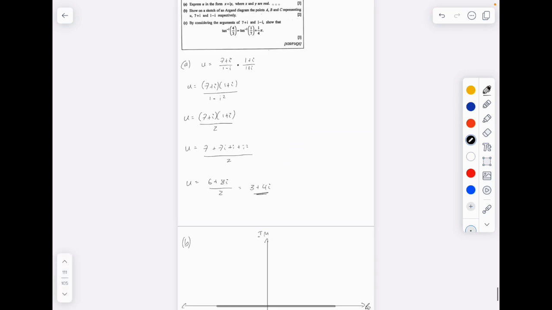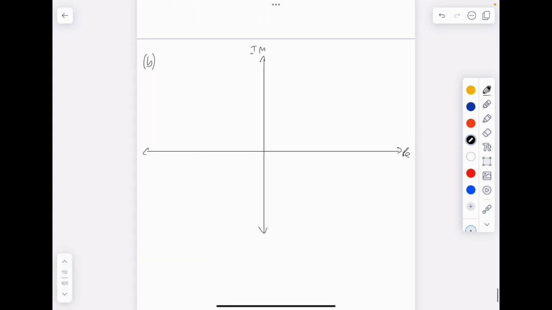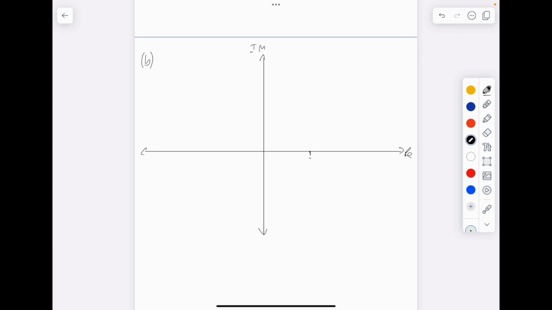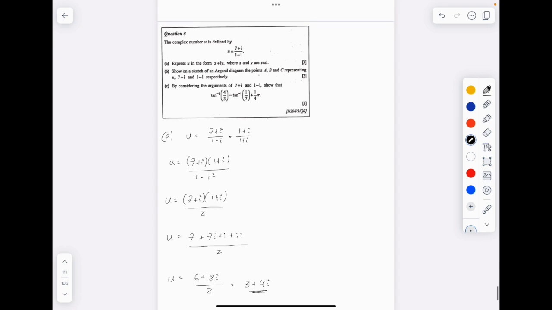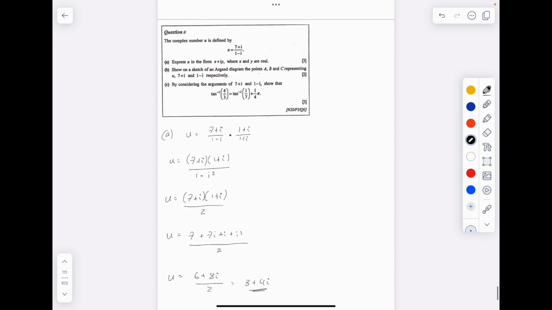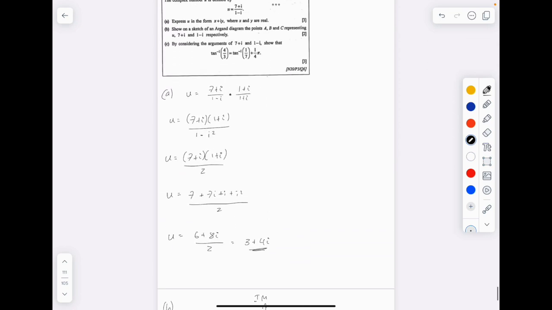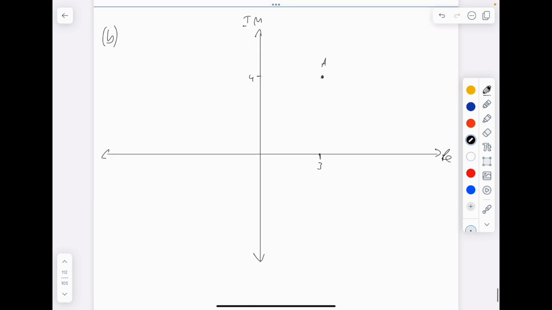We just have to kind of represent this now. So 3 plus 4i. Okay, that's obviously A. 7 plus i, let's be down here.